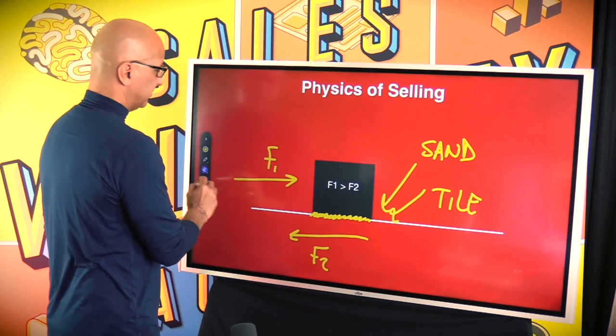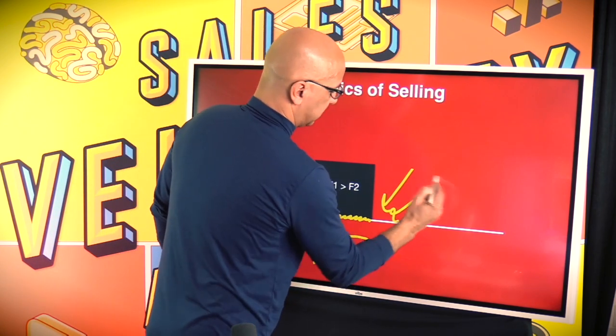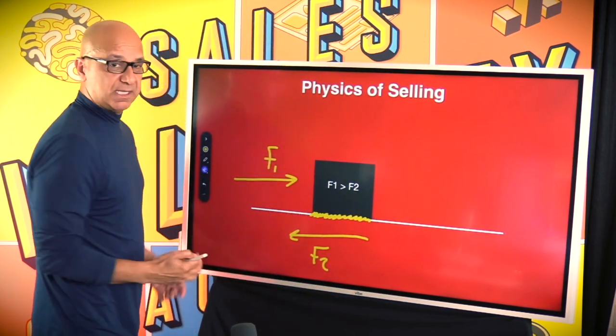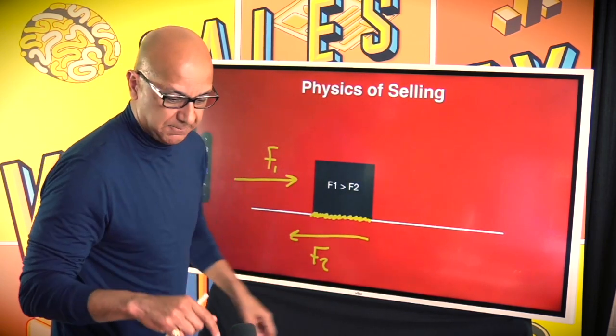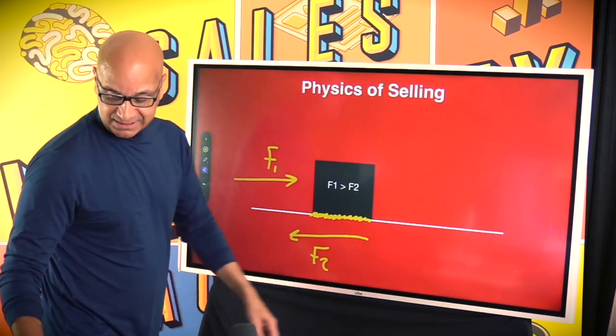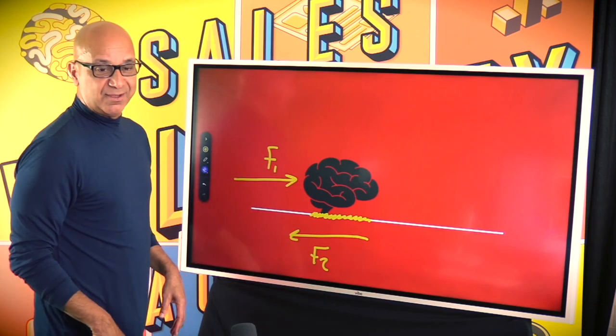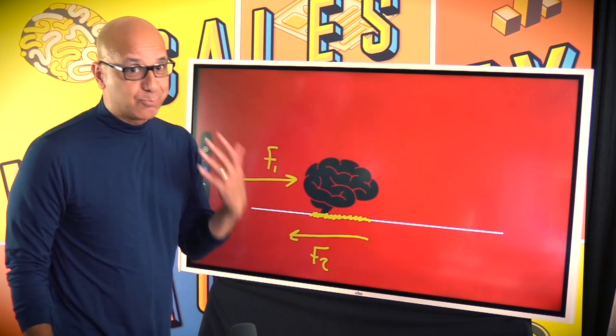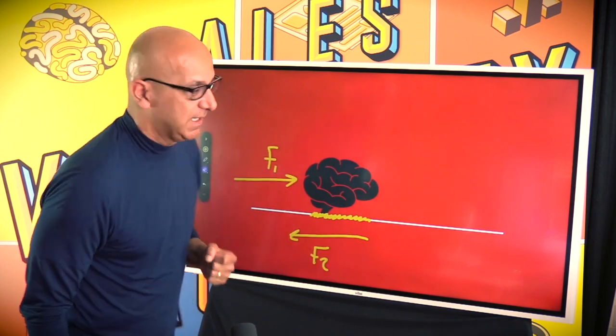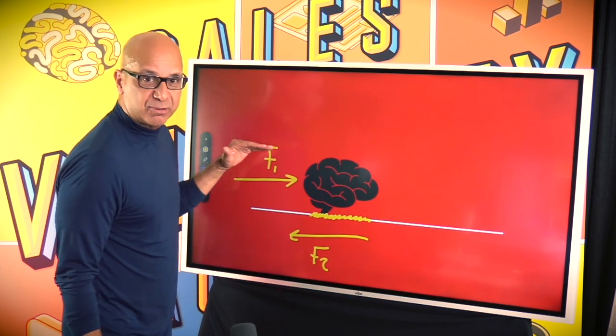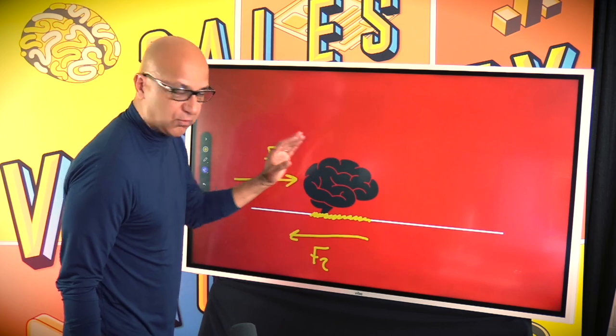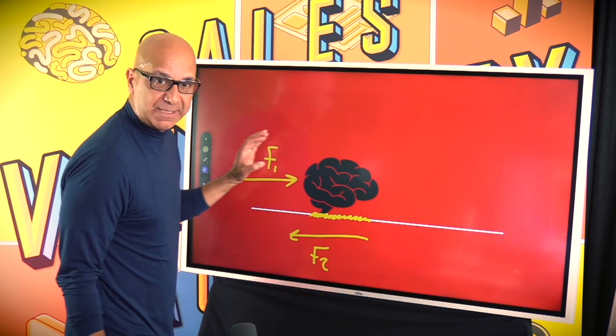Now, you're probably saying, well, Victor, what does all this have to do with selling and ousting a customer? I'm getting to that. Let's go to the next slide. Imagine that instead of a block, we have a brain. More specifically, a customer brain. Our job is to persuade, using this persuasion force, to move a customer to make a buying decision.